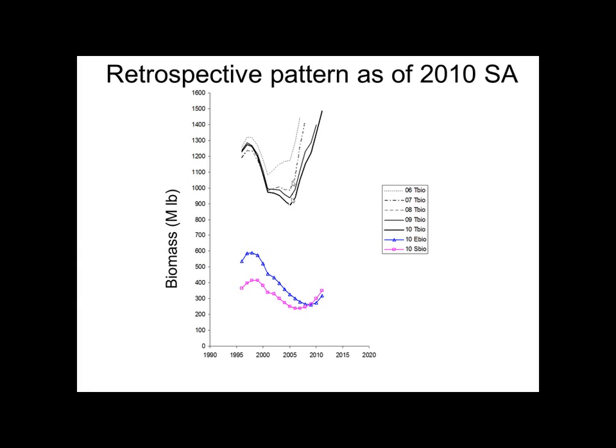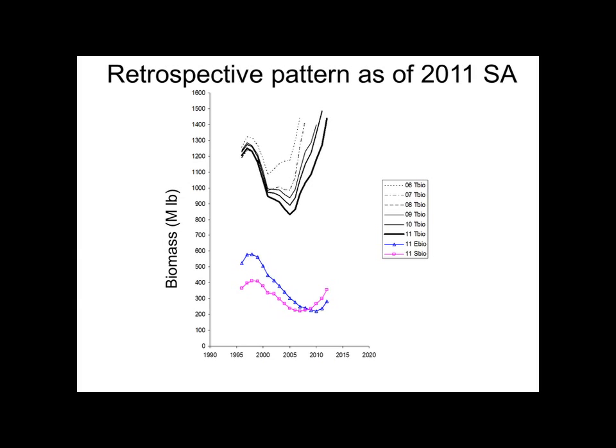Again, this is as of last year, this is as of this year, so it's the same pattern in trend, and depending on the year, it could be a larger decrease on the last year, so change from last year to this year. So it's difficult to look at these things other than the overall trend.